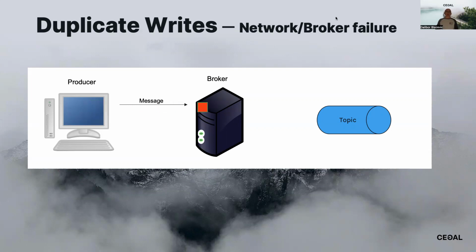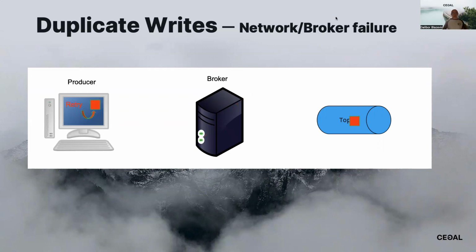Let's see a scenario in which a producer sends a message to a broker. And of course, the broker writes that message to a topic. And unfortunately, the broker dies before sending an acknowledgement. And then a timeout occurs. The producer will then retry the message.